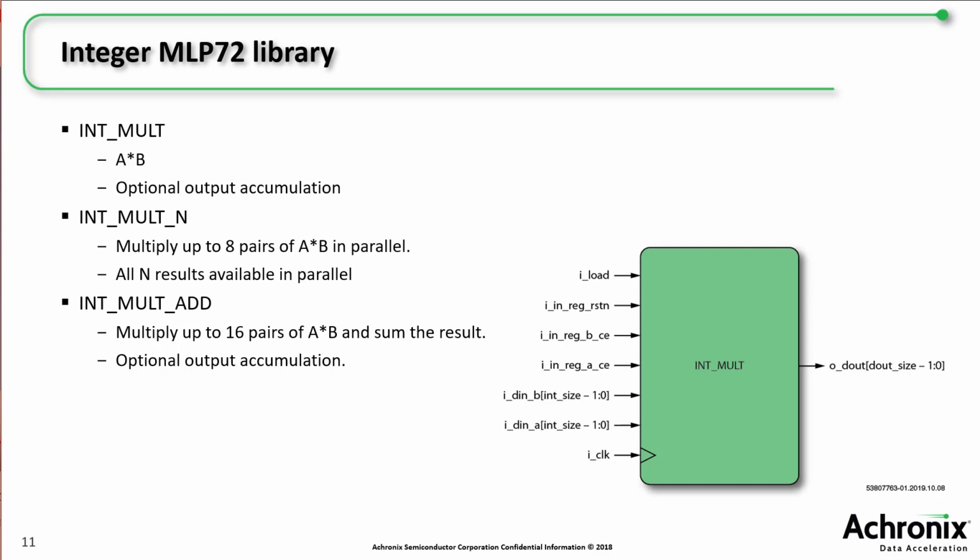The integer library consists of the following: int mult to multiply two integers, int mult n to multiply n pairs of integers in parallel. Up to 8 pairs can be multiplied, and the result of all 8 multiplications is available at the output. Int mult add, which multiplies n pairs of integers and sums the result. Up to 16 pairs of integers can be multiplied in parallel, and the result is the sum of all the multiplications.